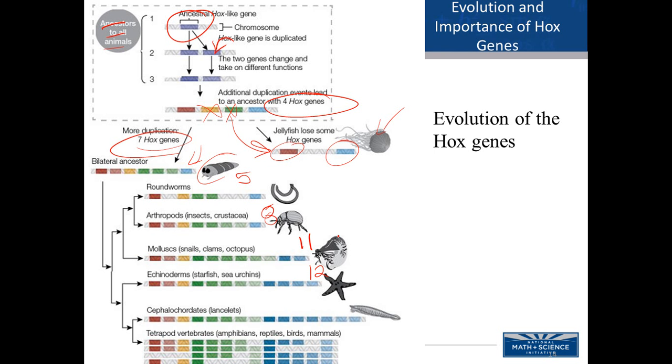And then when it comes to cephalochordates, what happened in the course of tetrapods or vertebrates is that somehow the entire group was duplicated and now can be found on not one, but 4 different chromosomes. So if we look at this particular chromosome, it has 1, 2, 3, 4, 5, 6, 7, 8, 9, 10, 11 Hox genes.